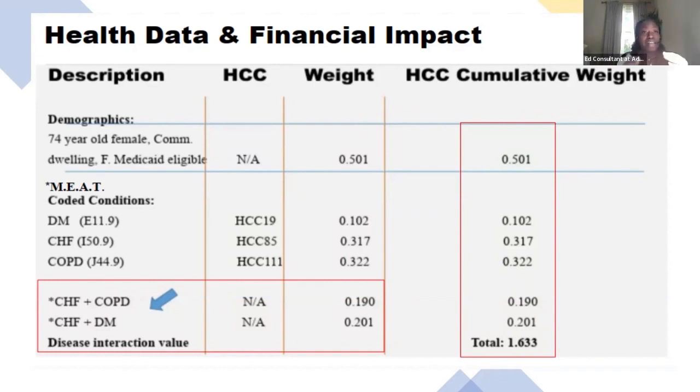And so it's important that at every single visit, the provider is making sure that we have chronic conditions that we are documenting on, that the provider is ensuring that they're treating and addressing, so that these conditions can show the true severity of illness and capture a clear picture of the type of care and services that this patient needs.